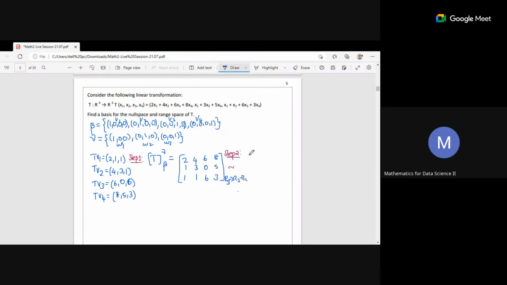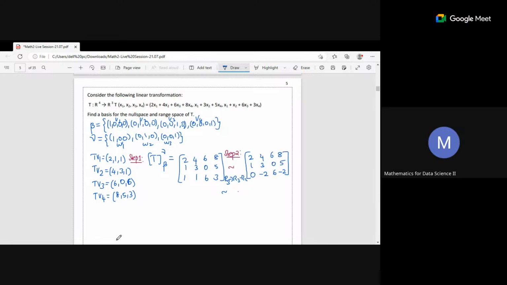So what is the matrix you will get? 2 4 6 8, 1 3 0 5. What about the last row? R3 going to R3 minus R2. So 0 minus 2, 6, and then again minus 2. Is that correct? Okay.